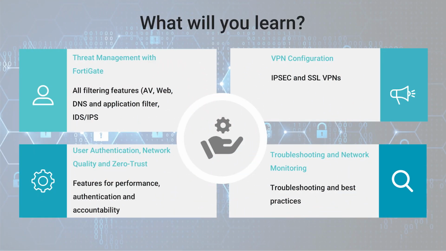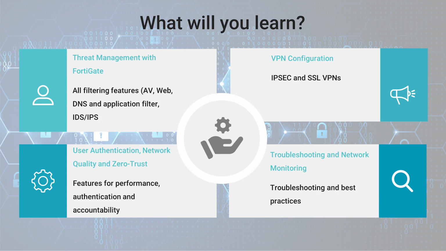What we will learn: we're going to talk about threat management with FortiGate, so filtering, be it antivirus, web filtering, DNS filtering, application filtering, IDS, IPS, the difference between them, when you should configure one or the other, and the things you need to be careful about. Then we're going to talk about user authentication, network quality, and zero trust.